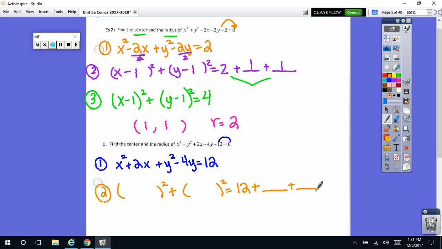Got my bubbles set up, my template set up, ready to go. Got my X bubble and my Y bubble. 2 divided by 2 is +1. -4 divided by 2 is -2. 1 squared, -2 squared.